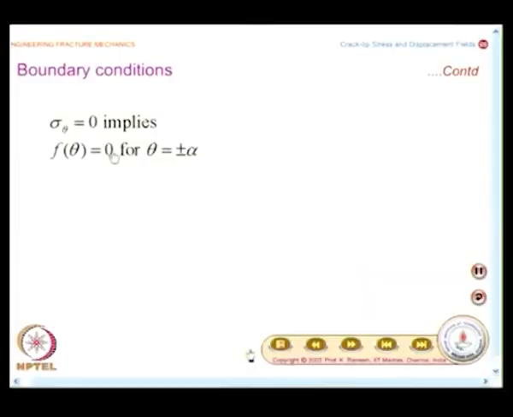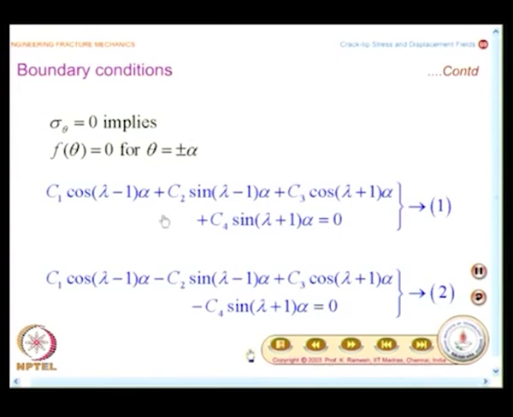So we will just apply the boundary condition. I am going to say f theta equal to 0 for theta equal to plus or minus alpha, and these expressions are long, please take your time to write down, I will read them for you. C1 cos lambda minus 1 alpha plus C2 sin lambda minus 1 alpha plus C3 cos lambda plus 1 alpha plus C4 sin lambda plus 1 alpha equal to 0.